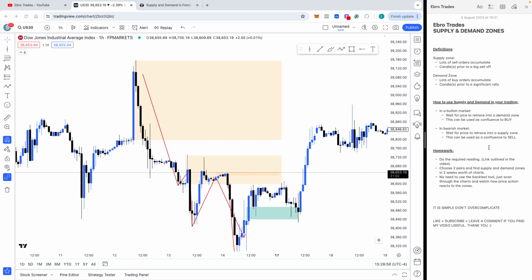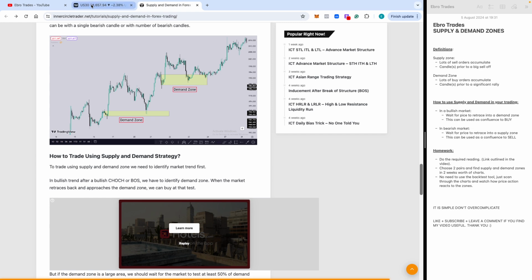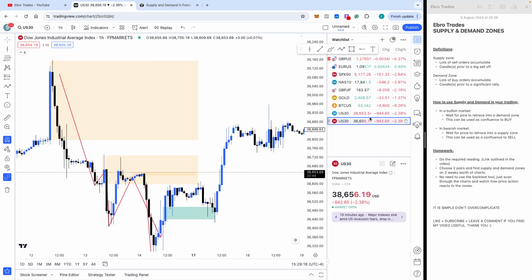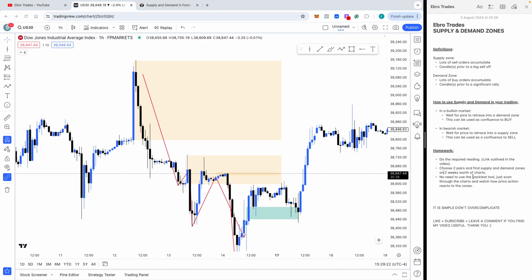So what is the required homework? Read through this link and then literally choose two pairs and find supply and demand zones on two weeks' worth of chart data. So I want you to pick any two pairs, I picked US30. You can pick any two pairs, and there's no need to use the backtest tool.